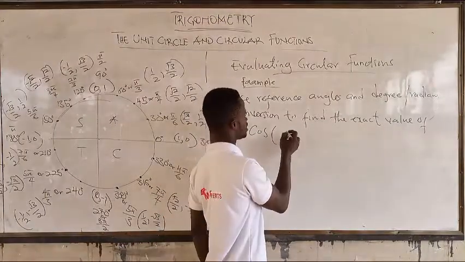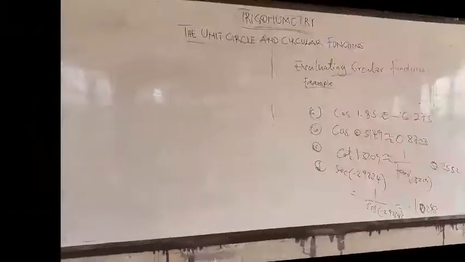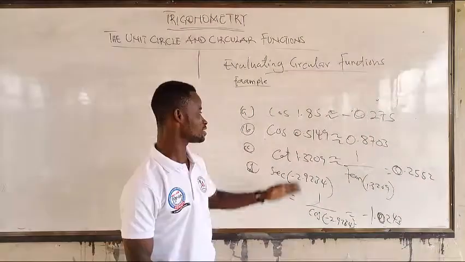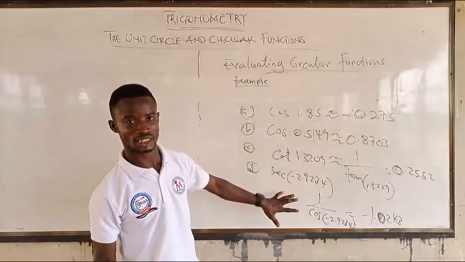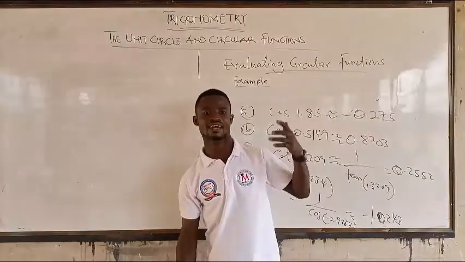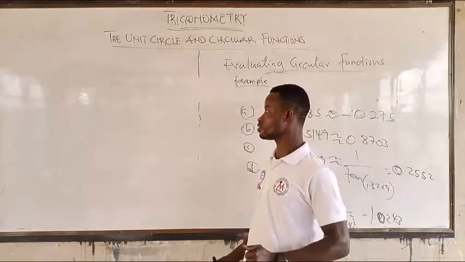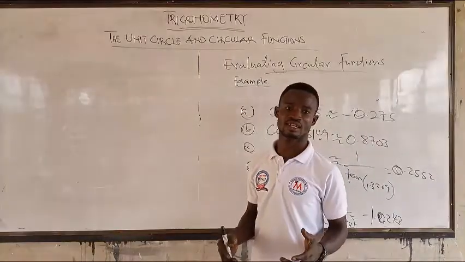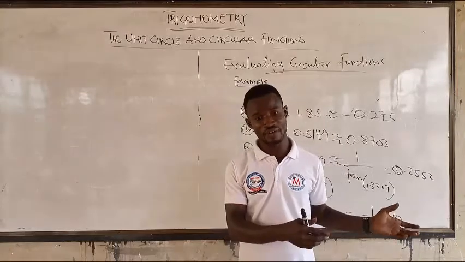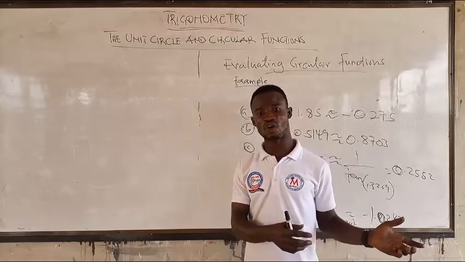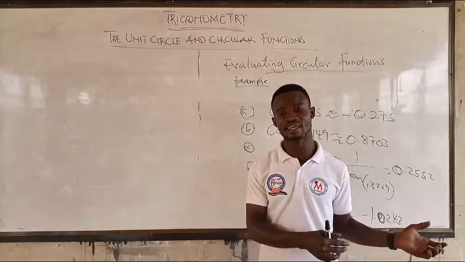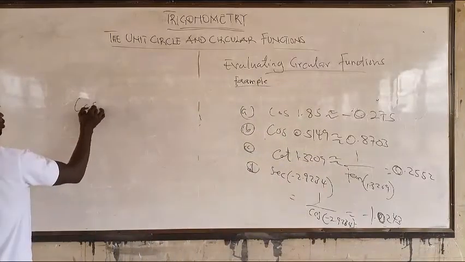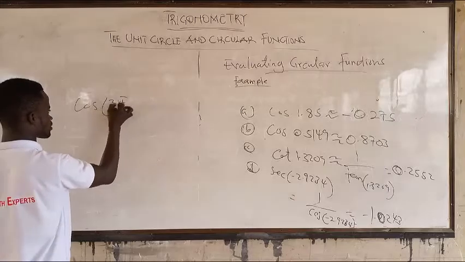cos 2π. Alright, in the question that we just wrote, we were to use the reference angle and degree or radian conversion to find the exact value of cos 2π over 3.